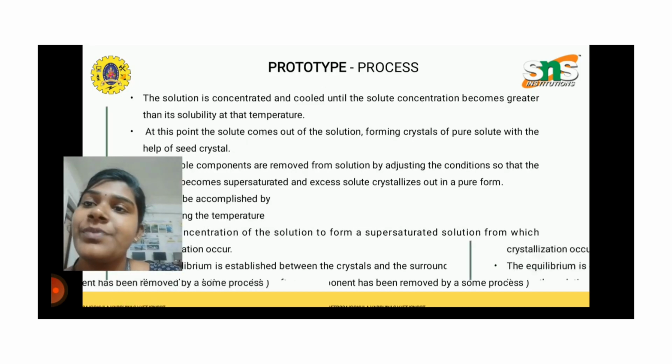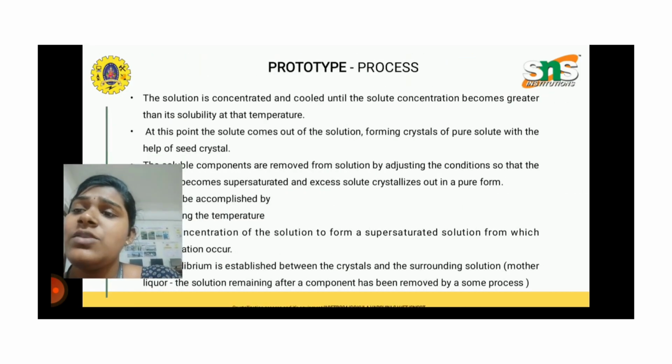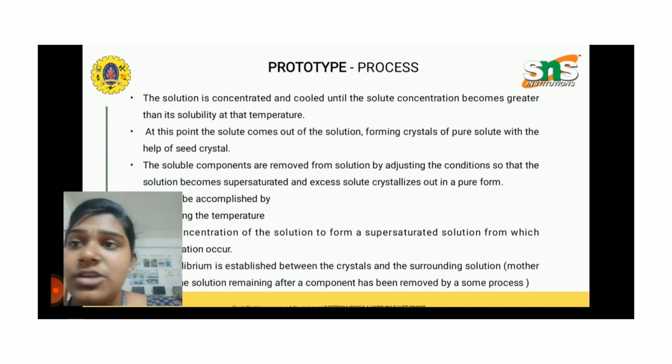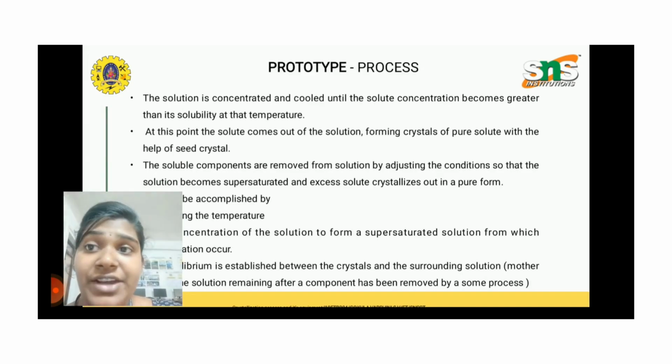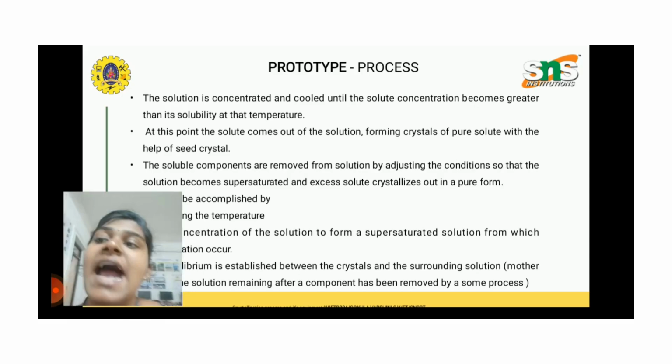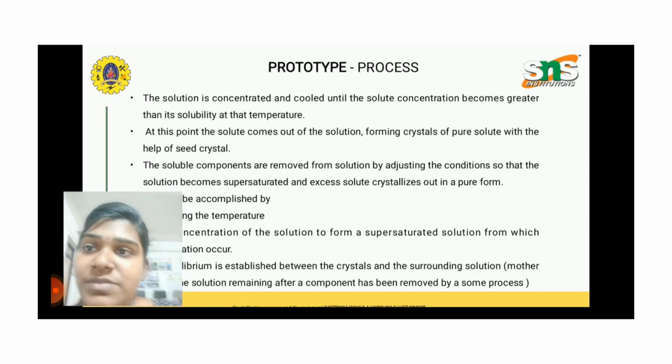And how can you design the prototype? The solution is concentrated and cooled until the solute concentration becomes greater than its solubility at that temperature. At this point, the solute comes out of solution, forming a crystal of pure solute with the help of crystal seeds.